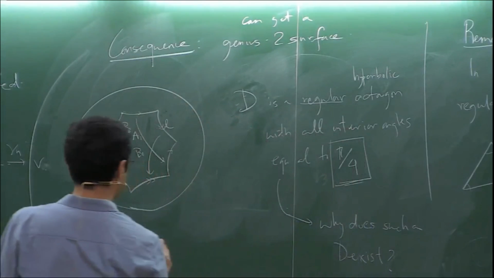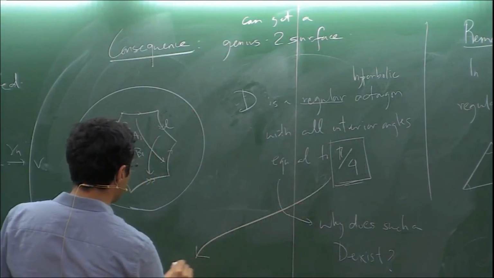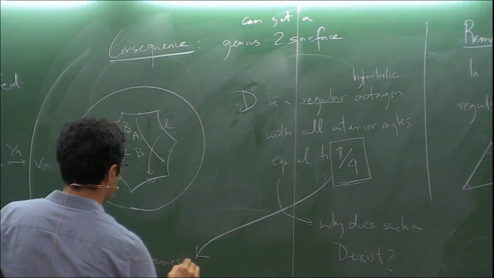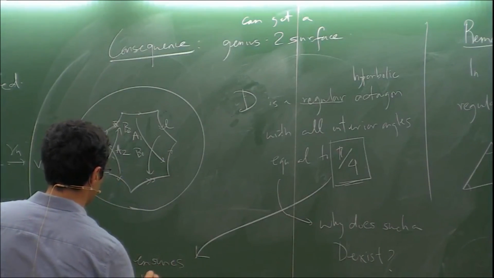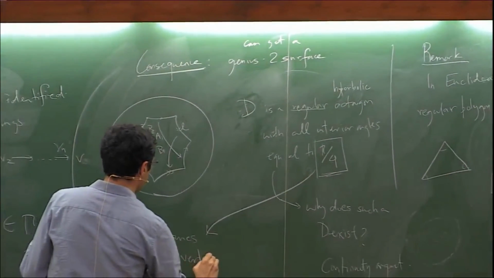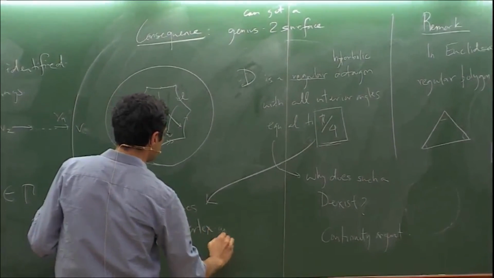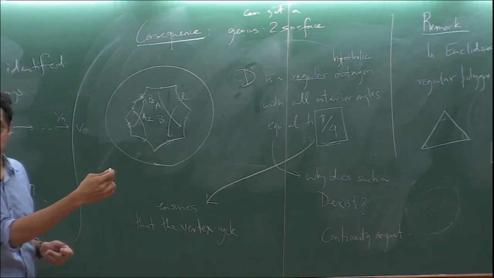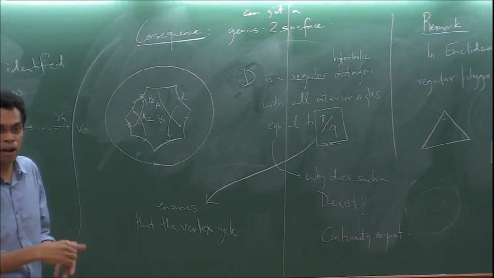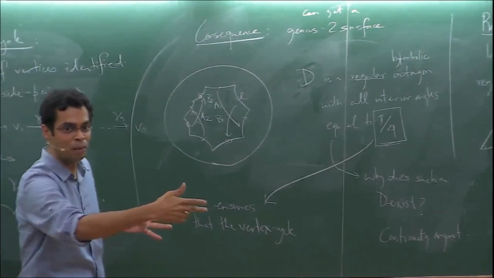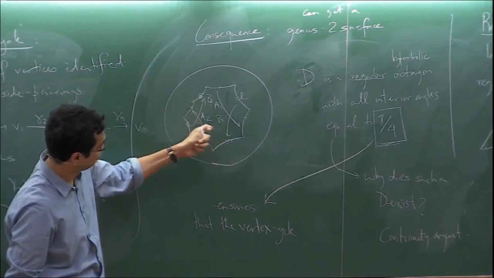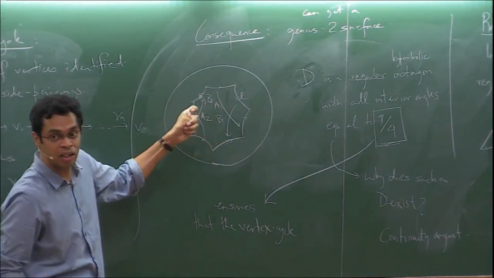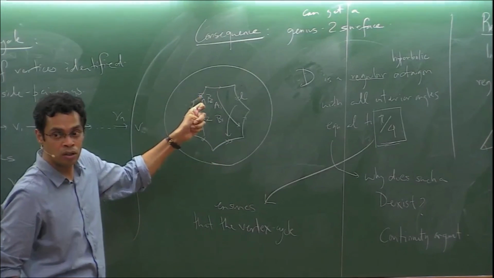So this angle condition ensures the vertex cycle is the identity. Can anyone guess what element the vertex cycle gives? It's some composition of elements of these side pairings, A1, B1, A2, and B2.